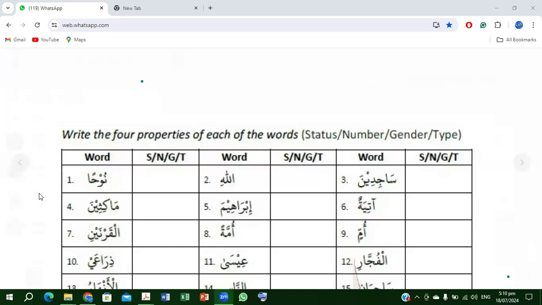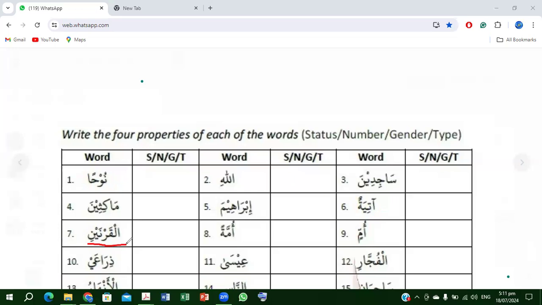Okay, who is next? Sarah. Sarah, would you try? Al-Qarnaini. Its status is either nasab or jar, because ya noon is there, right?